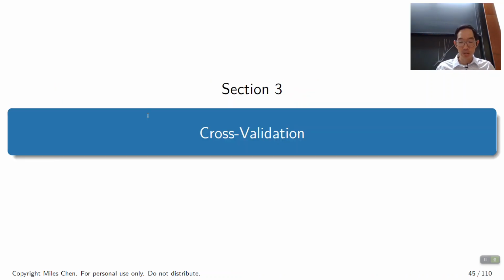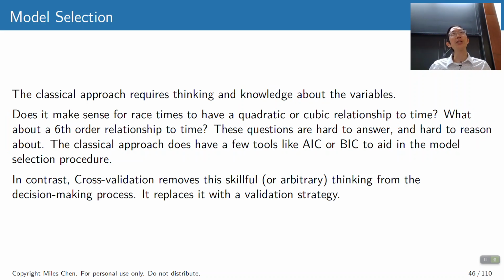Okay, so rather than taking the classical approach, the machine learning approach for model selection is to use cross-validation, and cross-validation is the catch-all answer for how do we pick which model, at least from a machine learning perspective, okay?